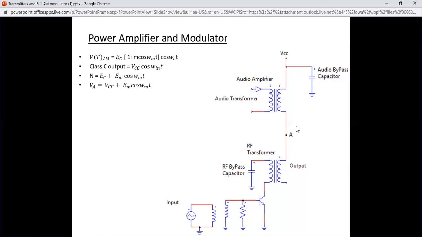So to recap, the voltage here at node A should be VCC plus EM cosine omega mt, and the output produced should be cosine omega ct multiplied by this voltage. So the output amplitude is the voltage present at node A, and therefore this produces AM modulation.